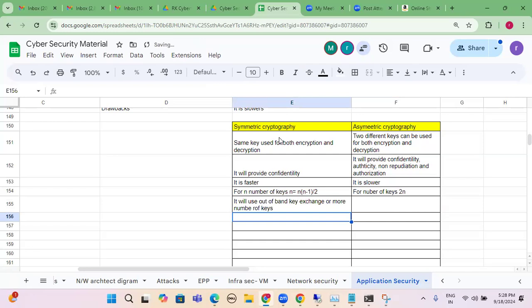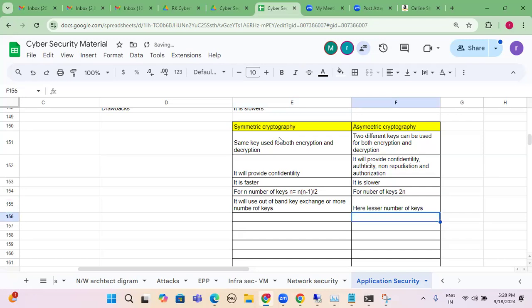Instead of n, you can substitute any number and see how many keys are required. Example, n equals 10: 10 into 10 minus 1 by 2 comes to 45. Similarly, on the asymmetric side, you can substitute 10: 2 into 10 is 20. So symmetric requires 45 and asymmetric requires only 20. Here, fewer keys are required.